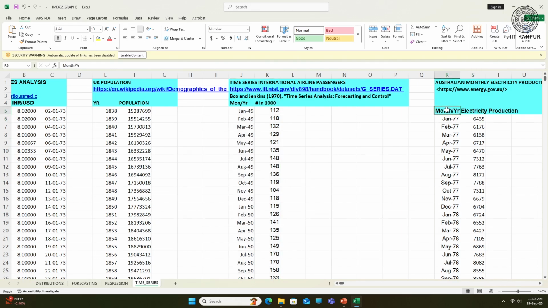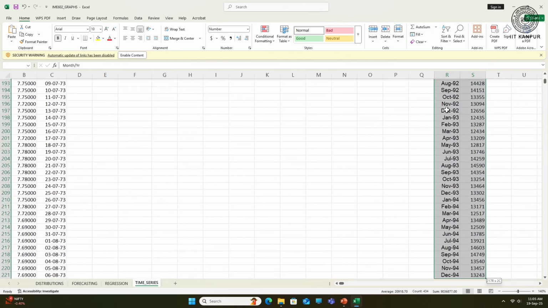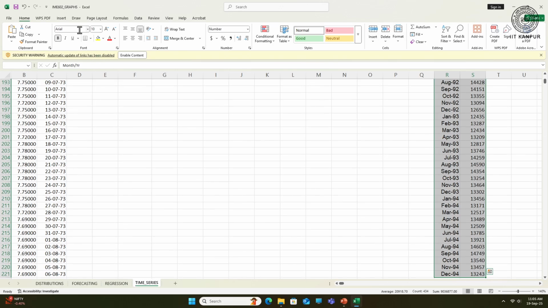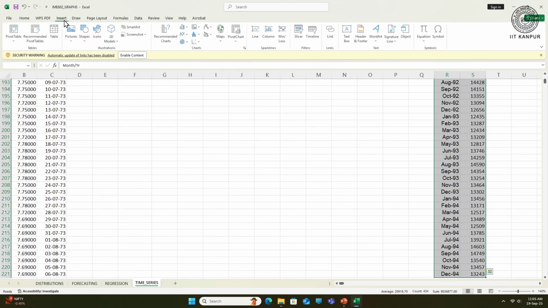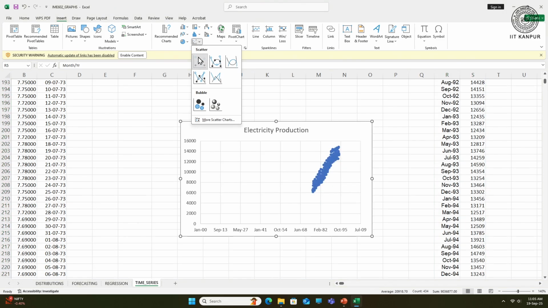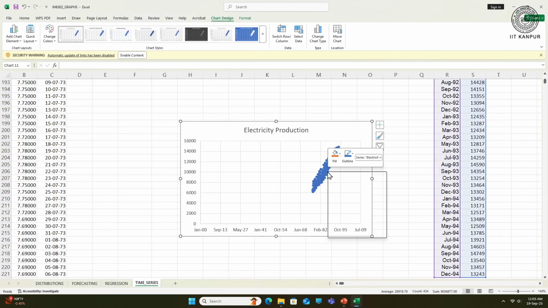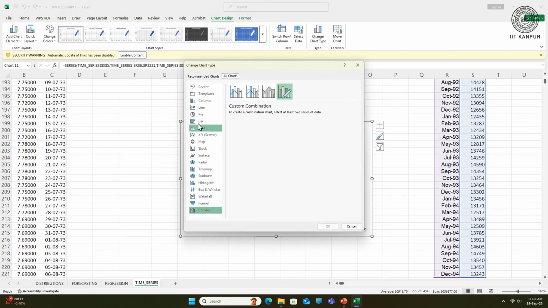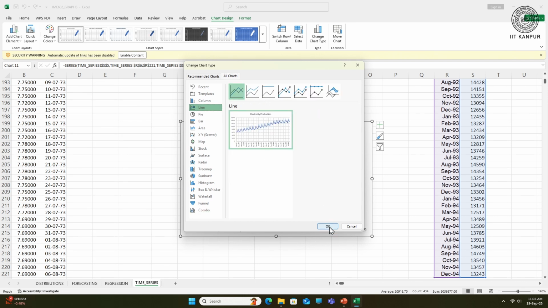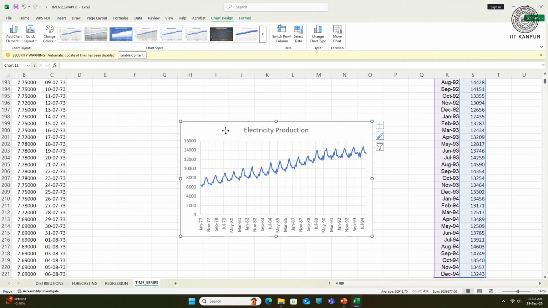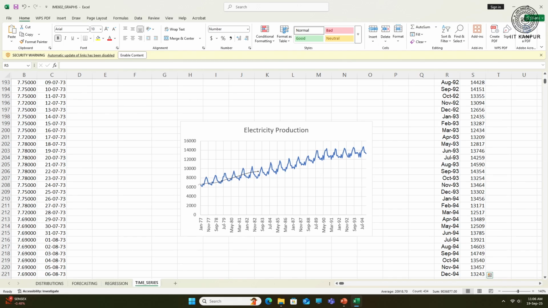So, if I try to find out the time series first for the electricity consumption. So, if I plot it, this is the electricity consumption. Again, very interestingly, there is a trend and the cyclicity.